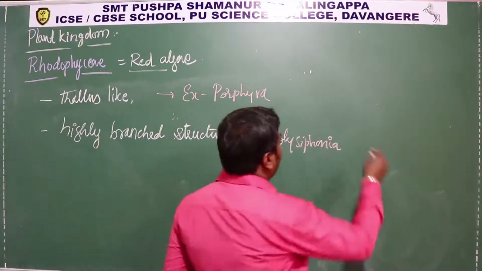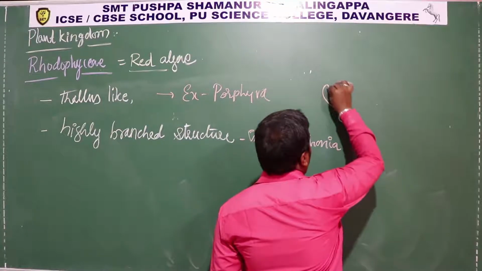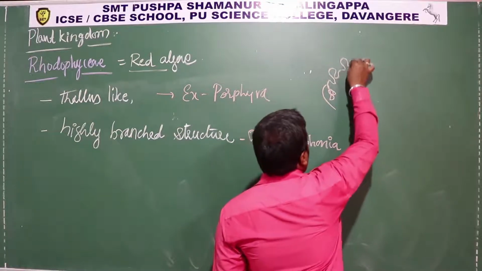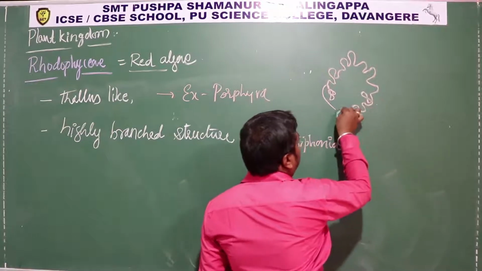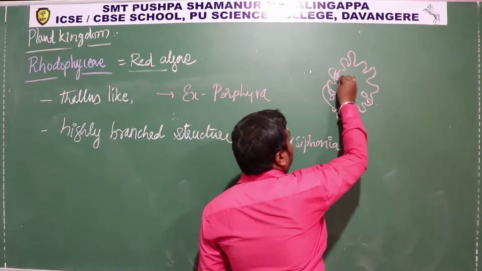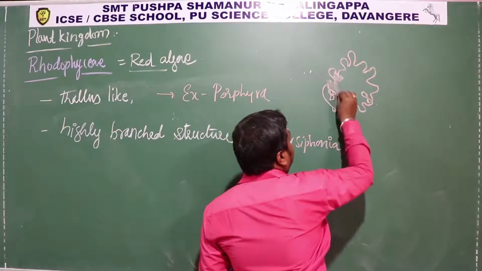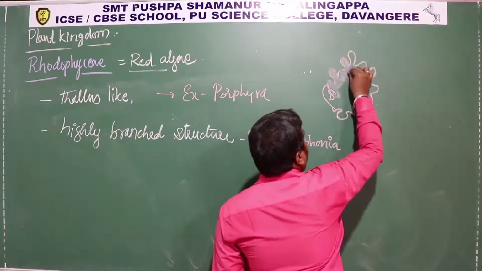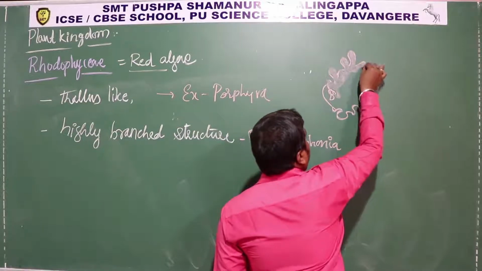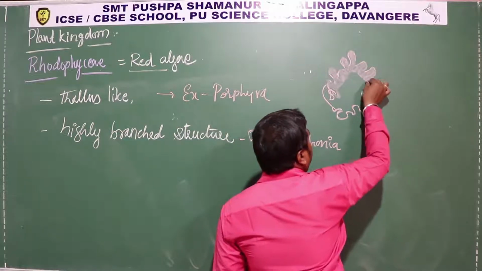Porphyra is more thallus-like. Red algae look like this. It is thallus-like, it looks almost like this.